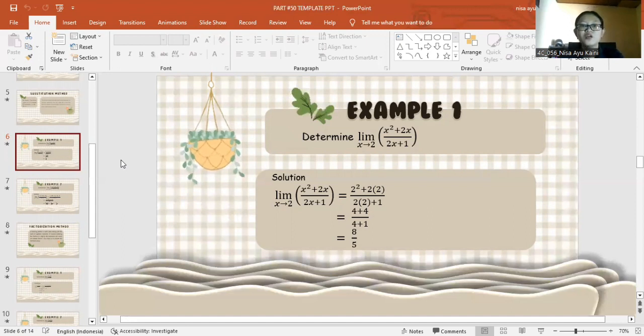Simplifying further, we get 4 plus 4 all over 4 plus 1 equals 8 over 5. Therefore, the limit of the expression as x approaches 2 is 8 over 5.